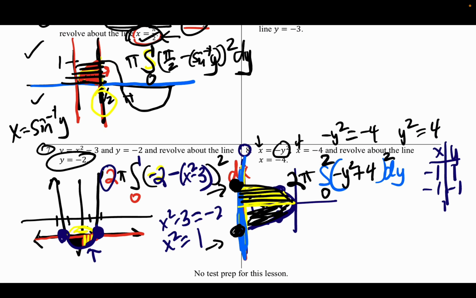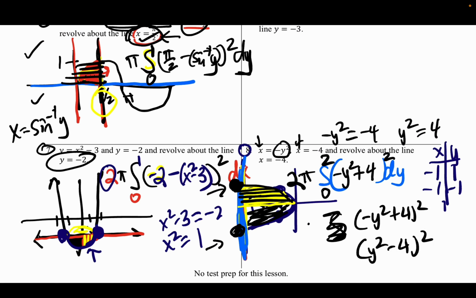And you can see the same thing on the answer sheet. They have theirs backwards from ours. On the answer sheet it says y squared minus 4. But if you look at the difference in negative y squared plus 4, squared, and y squared minus 4, squared, you're going to get the exact same answer if you think about doing that FOIL.